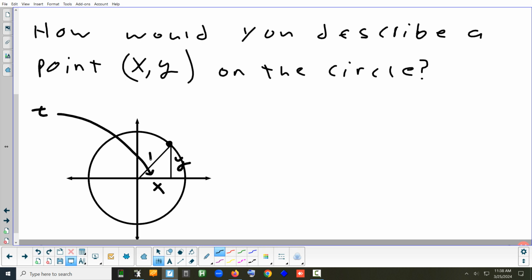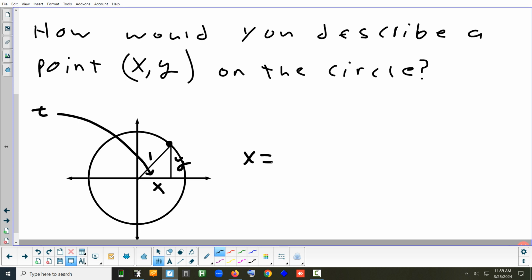Okay, so what would be your formula for x? Would be y over x, or equals square root of 2.